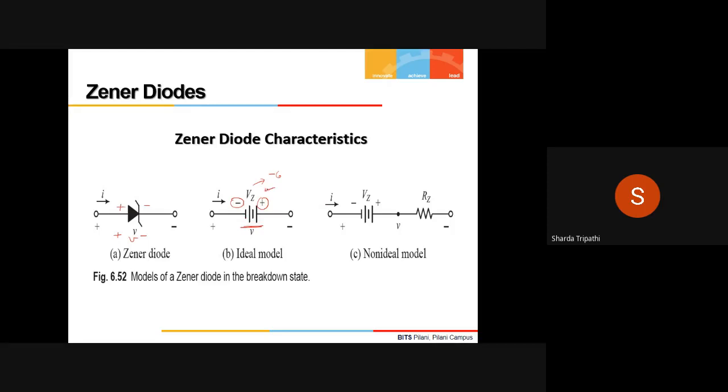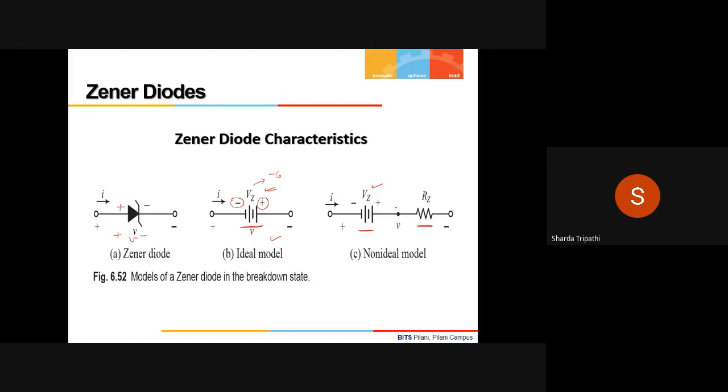This is one thing that we need to remember: how should I place this DC voltage so that the polarity is correct. This is the case for an ideal model. If the diode is not ideal, then the better approximation could be a DC voltage placed in series with a resistance RZ.